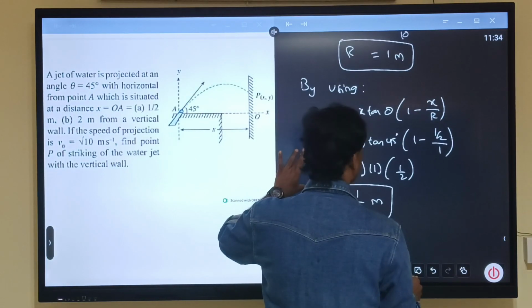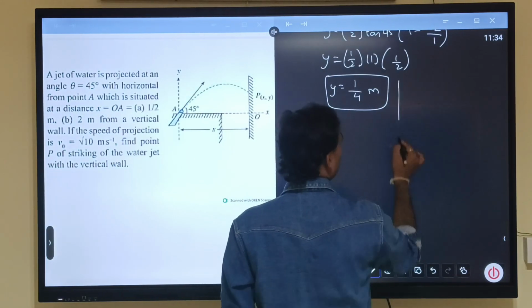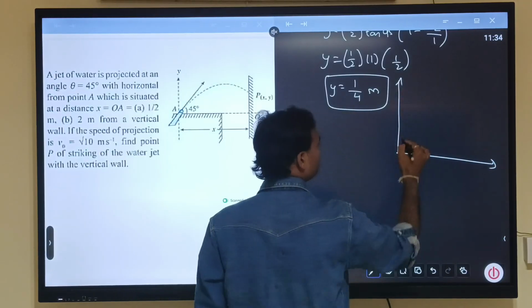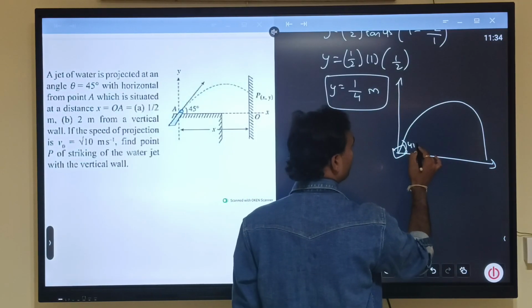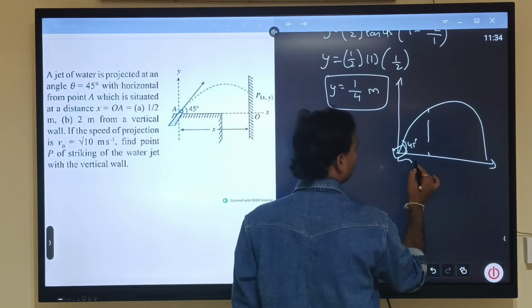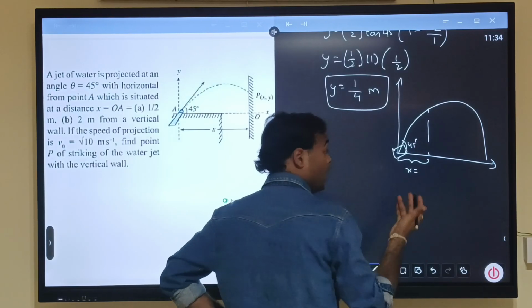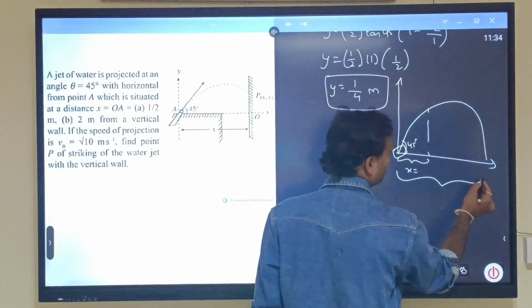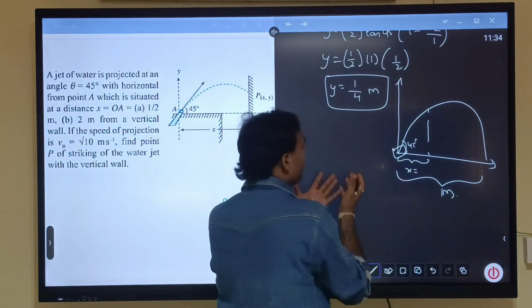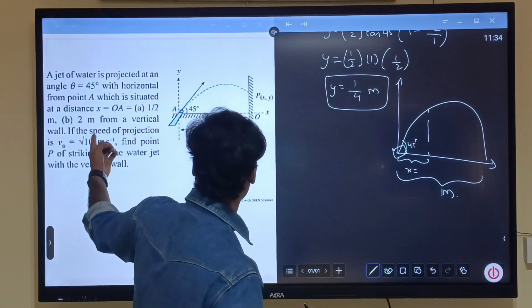That means we can represent this diagrammatically. If the water jet is making 45 degrees, let us assume the range value is 1 meter, and they are asking at half meter in question a.